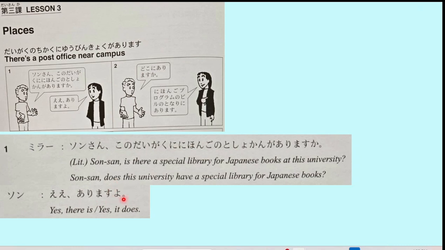And the use of the yo particle, which we also learned in the last lecture, is for emphasis in a non-formal communication to show some kind of excitement or enthusiasm, but for informal communication only. So the yo particle can be used. She could have said just arimasu, but that would have been a very cold approach. So yo adds some kind of spice or excitement.